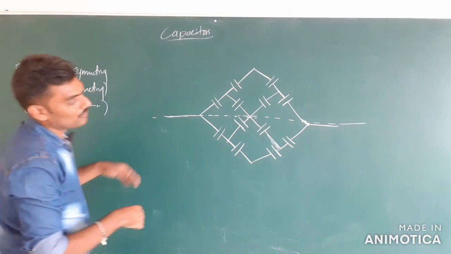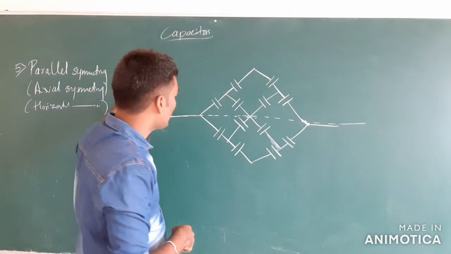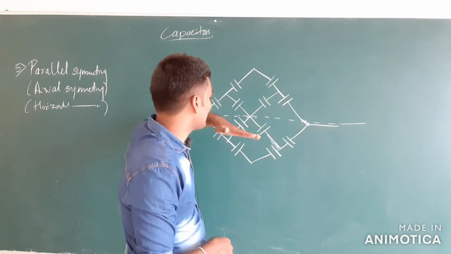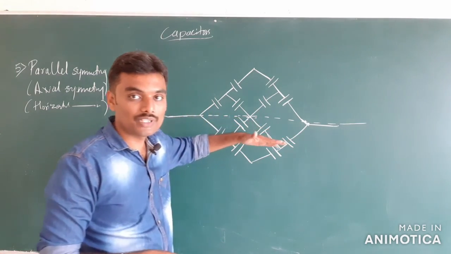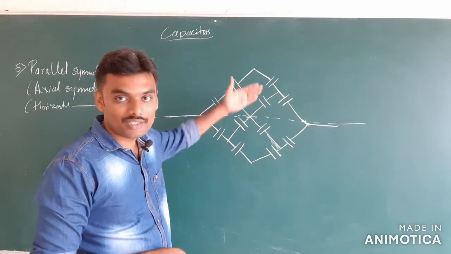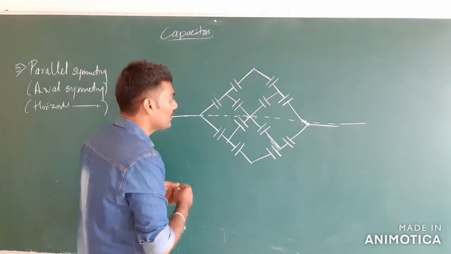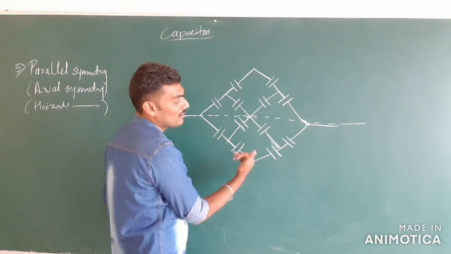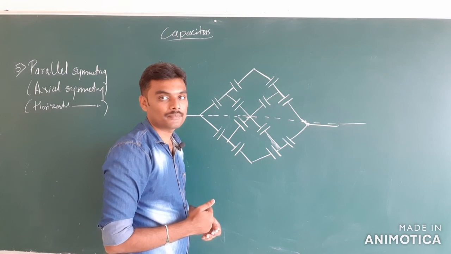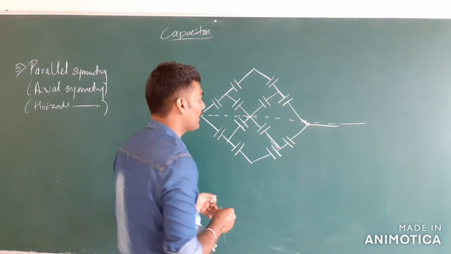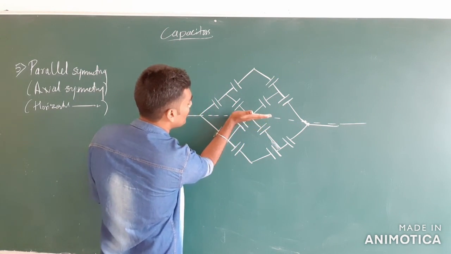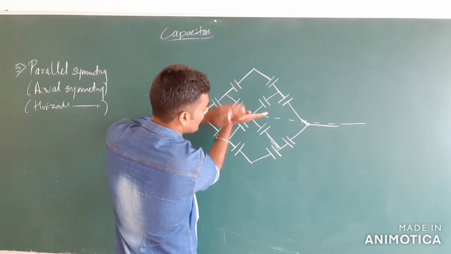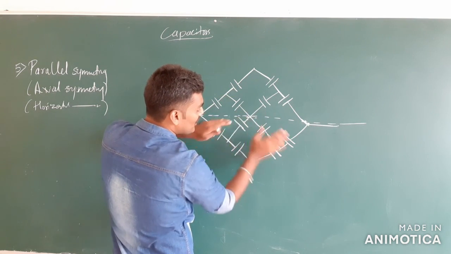Okay. So what do you mean by that? If I divide the circuit exactly into 2 equal parts horizontally, then the upper part should be the reflection of the lower part. What do you mean by that? If I keep a mirror here, the reflection that I get in the mirror should be the same as the lower part.